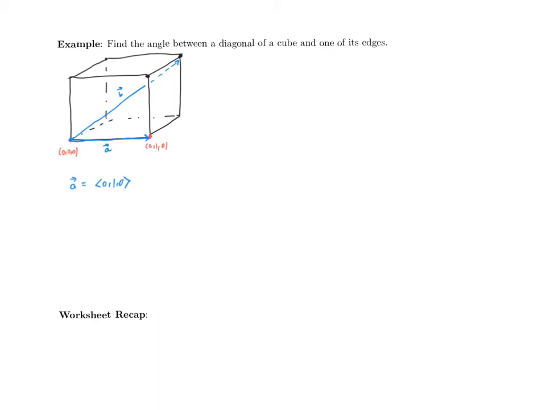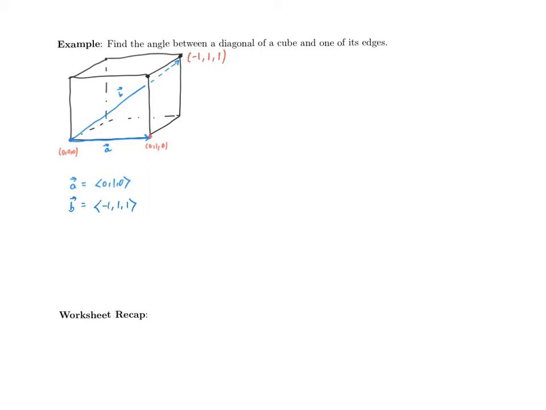So the coordinates of this back right corner would be -1 in the x direction, because we've gone backwards into the screen, 1 over in the y direction, 1 up in the z direction. That indicates that the vector B would be given by the position vector -1, 1, 1.